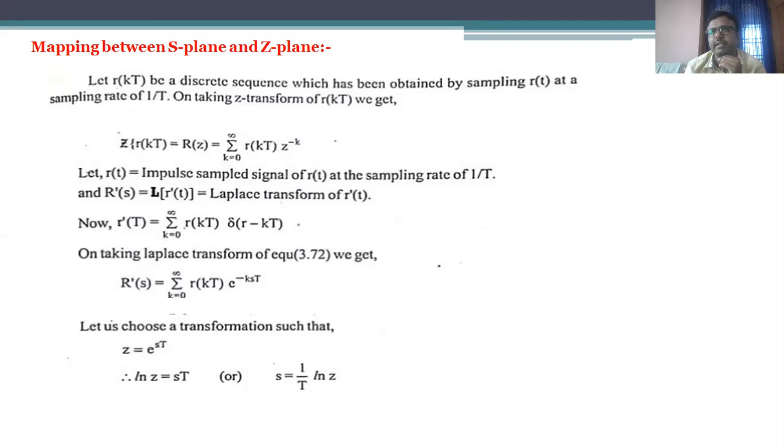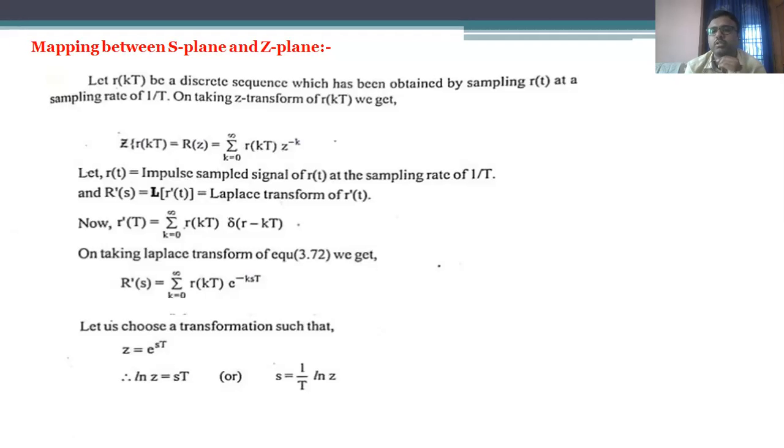In case of the S-plane, in order to determine the stability, we have to choose whether the left hand side or right hand side of the S-plane.